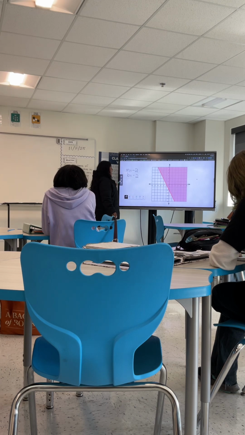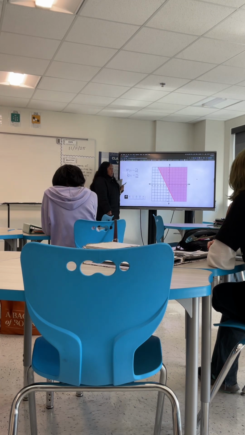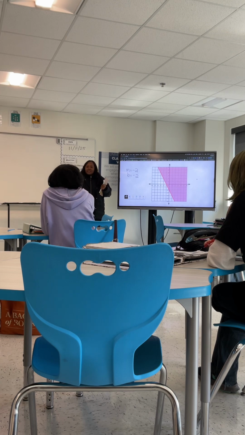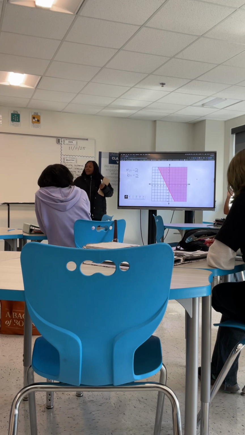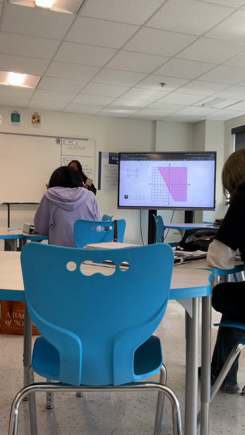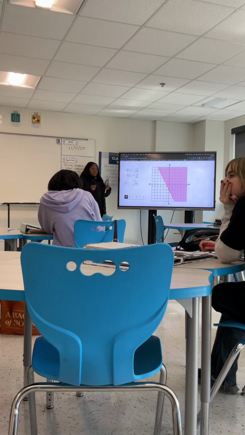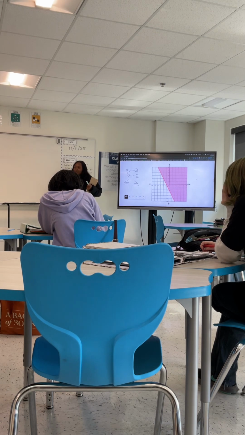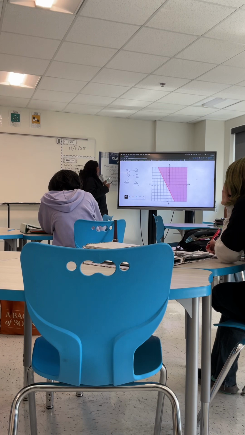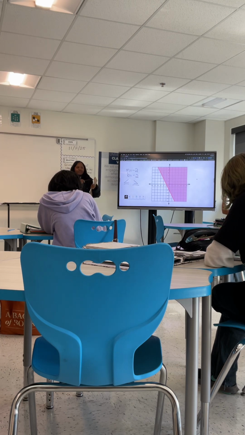Based on the line, what two types of inequality signs can we use here? Greater than or equal to or less than or equal to. And why do we use those? Because the line is solid. Now, which one can we use based on the shading?